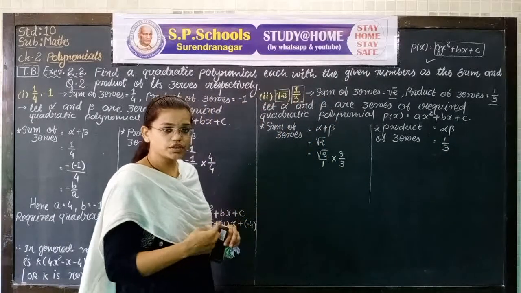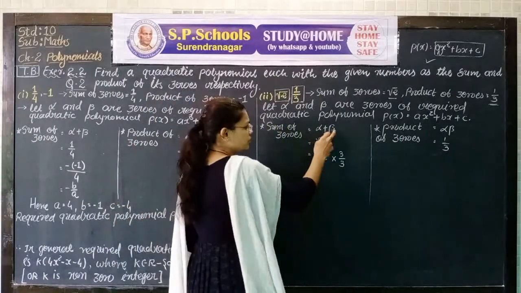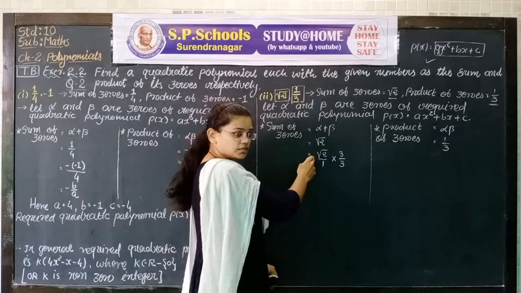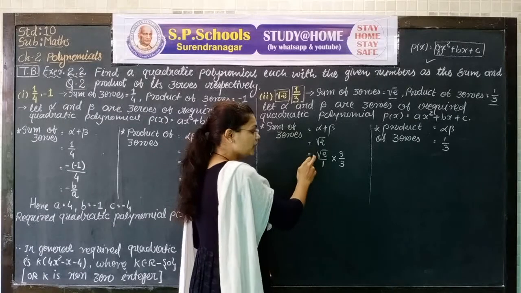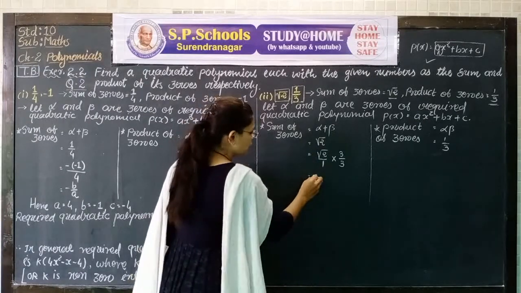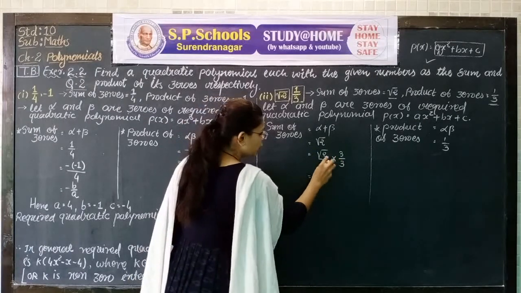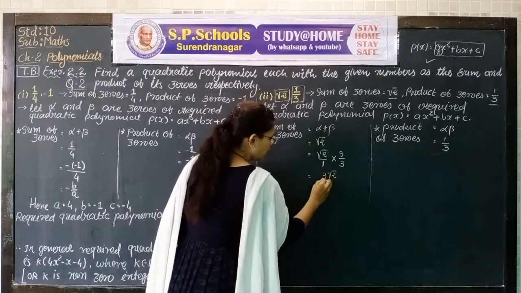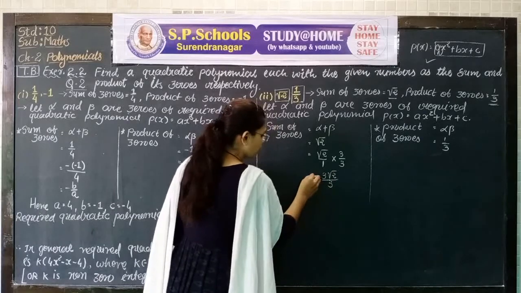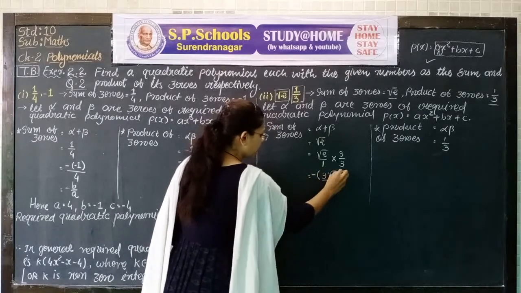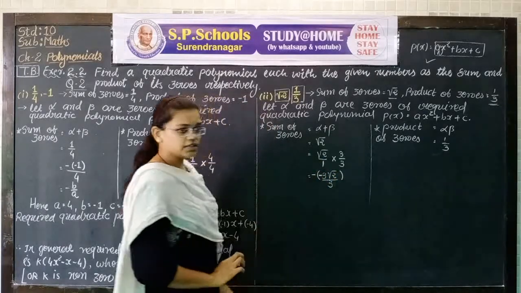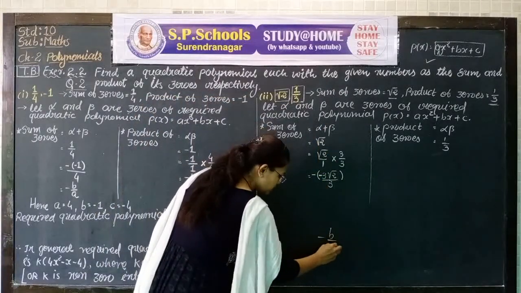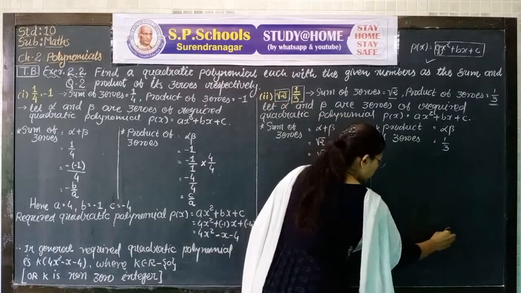Again, one question remains here. Alpha plus beta is minus b upon a. Here there is no minus, that's why we multiply and divide by a minus. Root 2 multiplied by 3 gives 3 root 2 upon 3, as it is, with one minus outside the bracket and one minus inside the bracket. Now compare alpha plus beta, minus b upon a, and alpha into beta, c upon a.